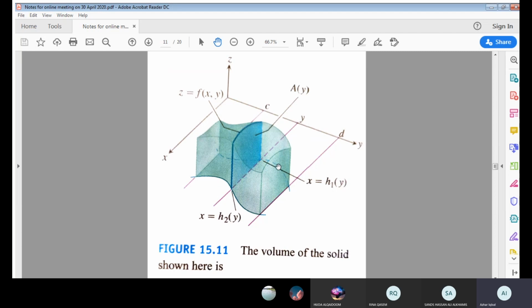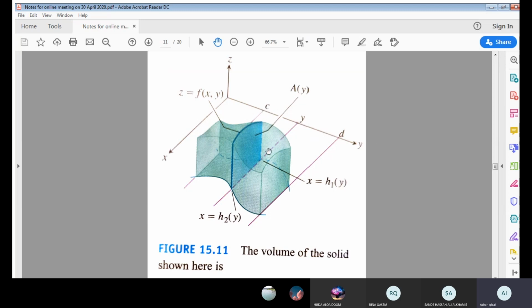Remember that this object is built upwards from the base, which is located in the xy plane, and the curves defining the bounds of this region are located in such a way that on two sides we have the straight lines y = c and y = d.